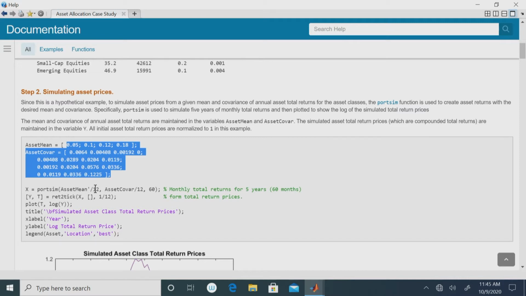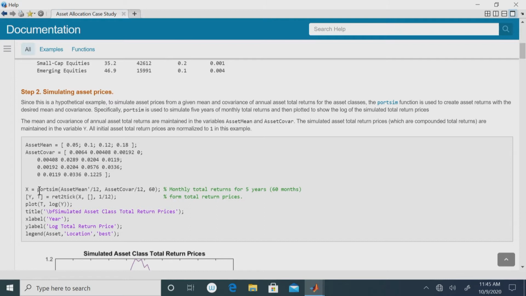That is going to give you an average of the monthly returns, and then you simulate the projected price using the model parameters of the mean vector and the covariance matrix. So, x is going to be a portfolio simulation for 60 months, that is for 5 years.